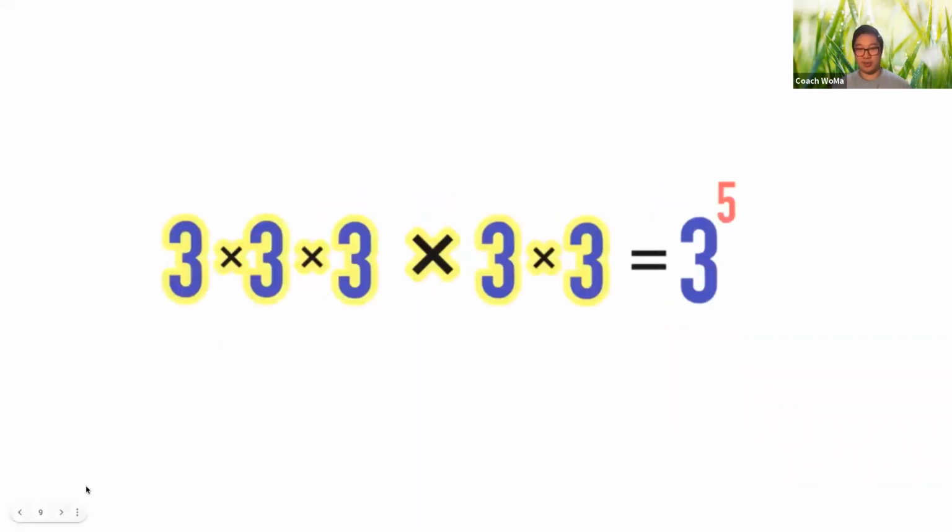So in total, you're multiplying 3 five times. So you can just say 3 to the 5th. As most of you got, it's 3 to the 5th, which I think is also 243.